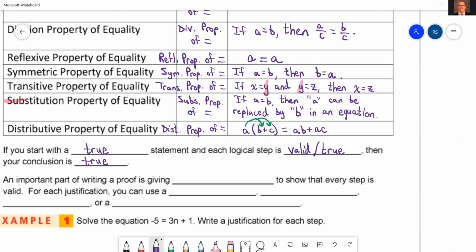So an important part of writing a proof is giving the justification, answering that 3-year-old. Why? To show that every step is valid. For each justification, you can use a definition, something called a postulate. We won't worry in this class too much about what that means.